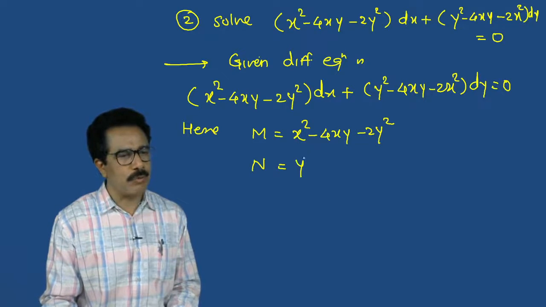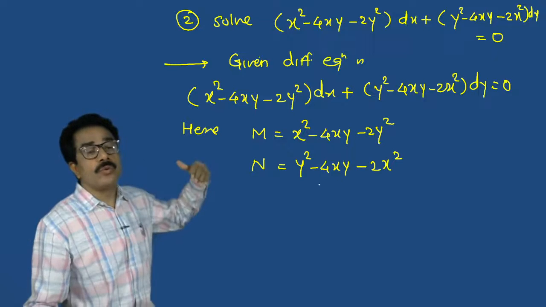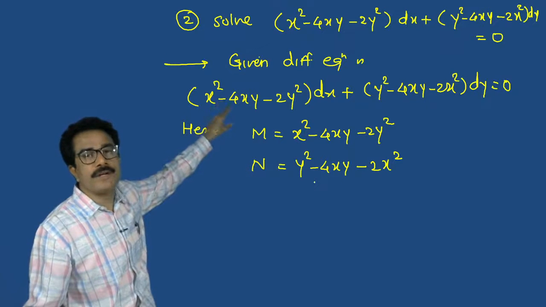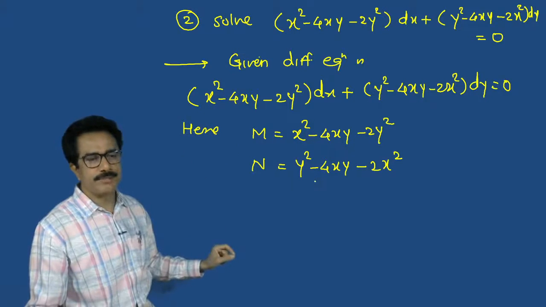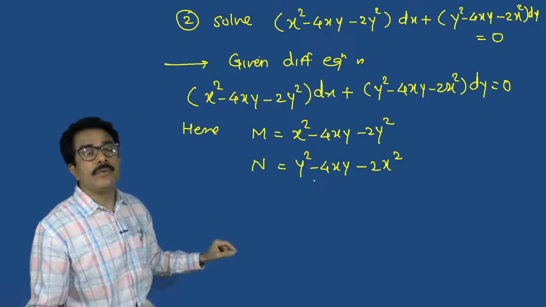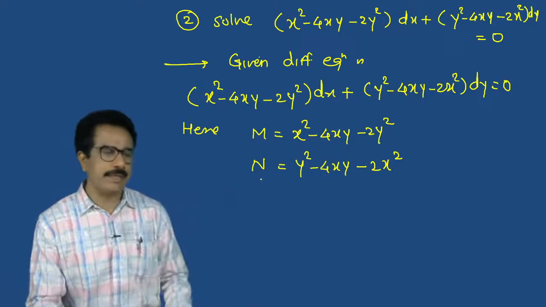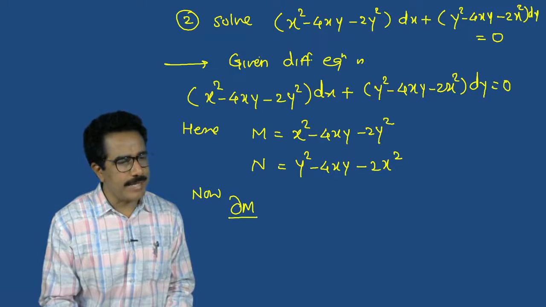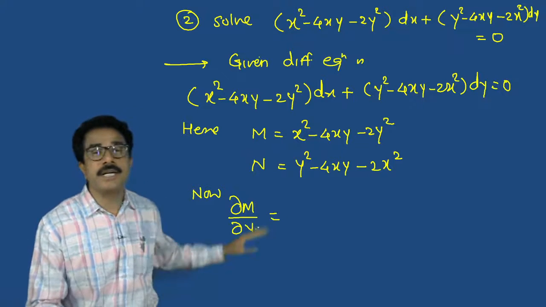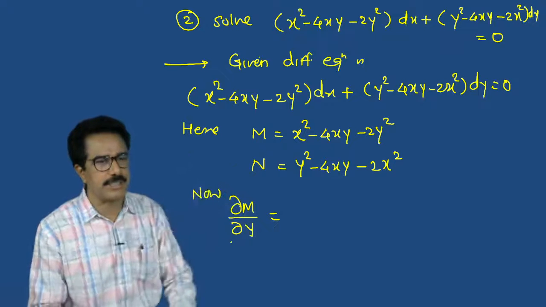N means y square minus 4xy minus 2x square. Now if you want to show this differential equation is exact, then we have to take dou M by dou y, then dou N by dou x. If both are equal, then we can say it is exact. This is the necessary condition for the exact differential equation.